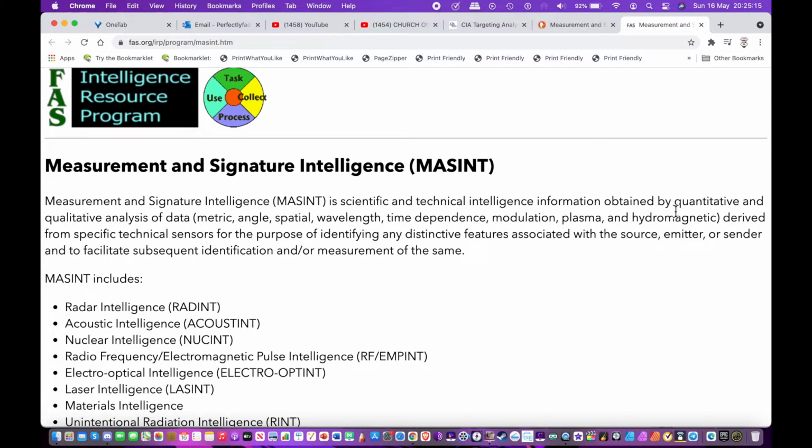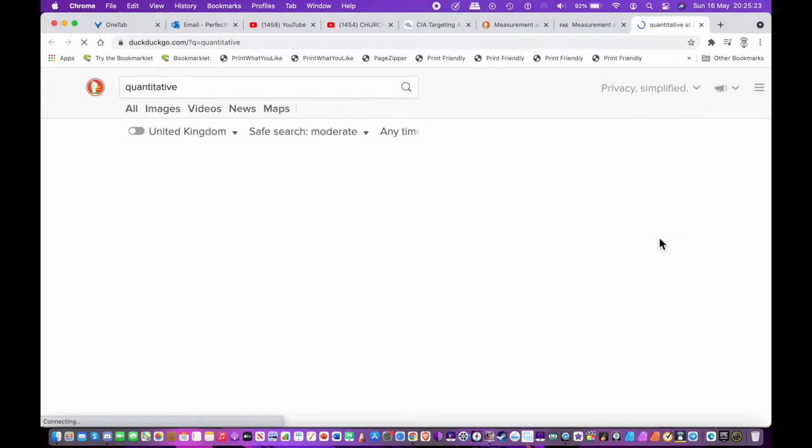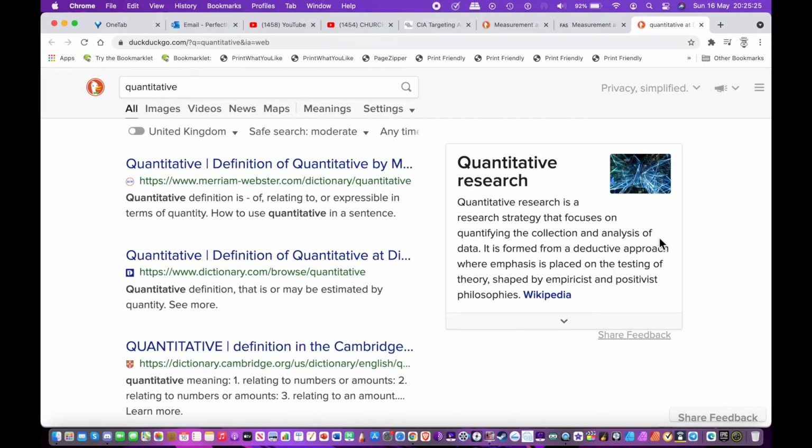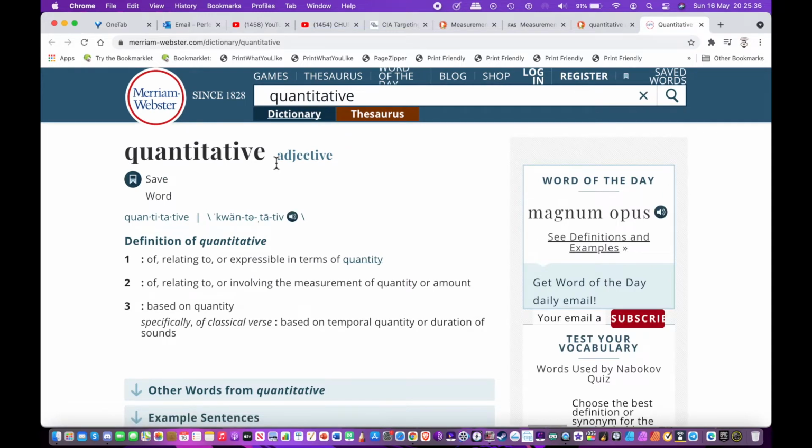Okay, first thing I'm going to do is look up that word, quantity.